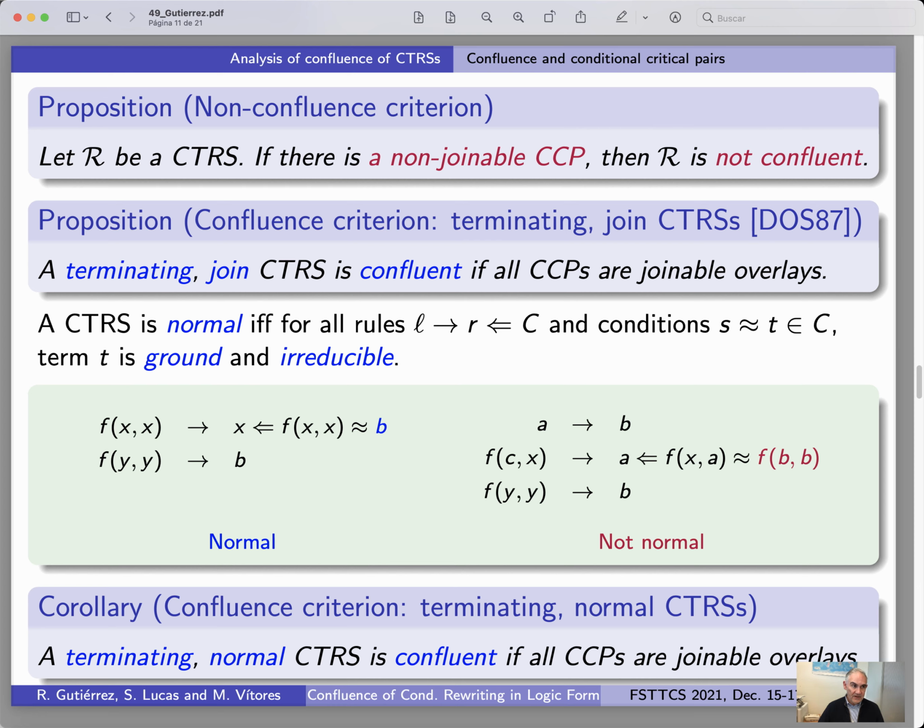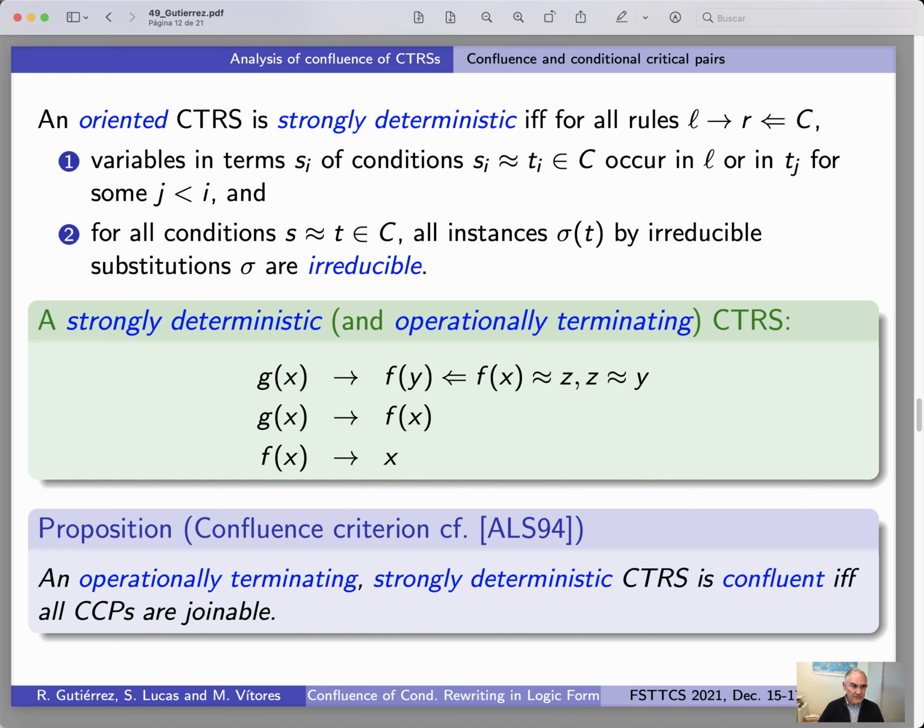The next result shows that operationally terminating strongly deterministic systems are confluent if and only if all conditional critical pairs are joinable. A conditional system is strongly deterministic if the following conditions hold. First, rules are deterministic. This means that variables in the leftmost term of all conditions always occur either in the left-hand side of the rule or in the rightmost term of a previous condition.